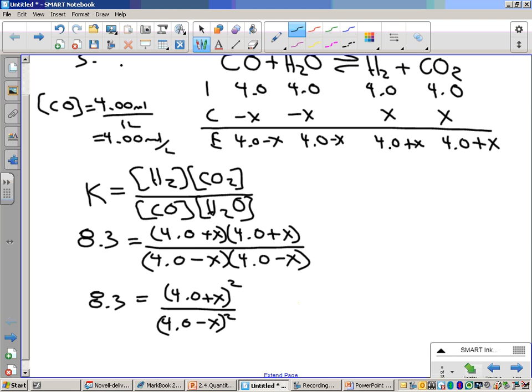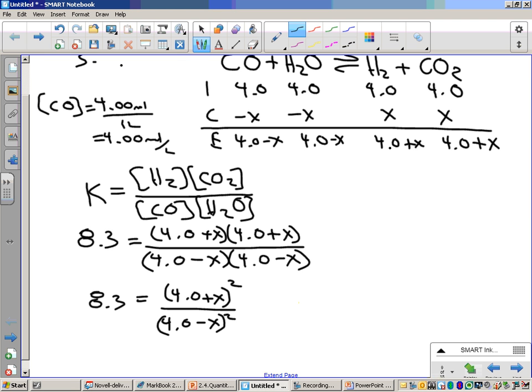Which means without having to FOIL it all out and get a bunch of X squareds, I can actually now take the square root of the right-hand side because they're both squared. If I take the square root, then that square will disappear.